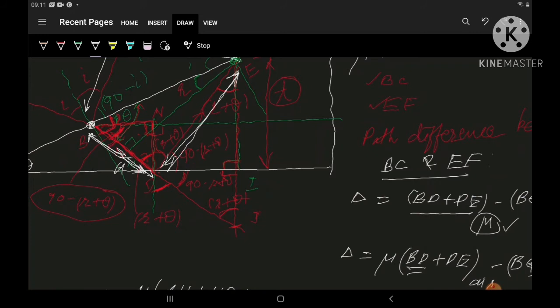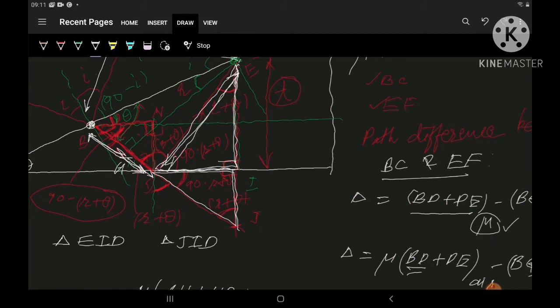From the figure we can see the triangle EID and also the triangle JID having two angles equal, meaning 90 and 90, and 90 minus (r plus theta) and 90 minus (r plus theta), and also one side is common, that's why these two triangles are congruent, meaning their respective sides and angles are equal.